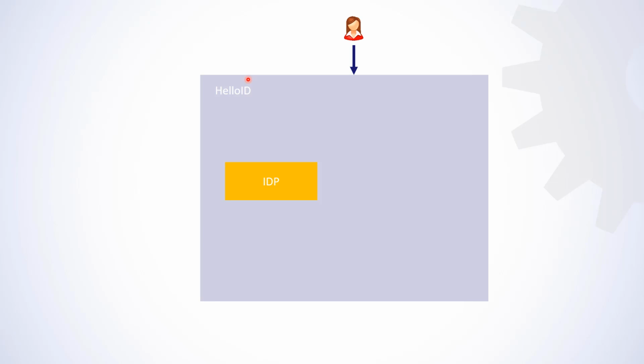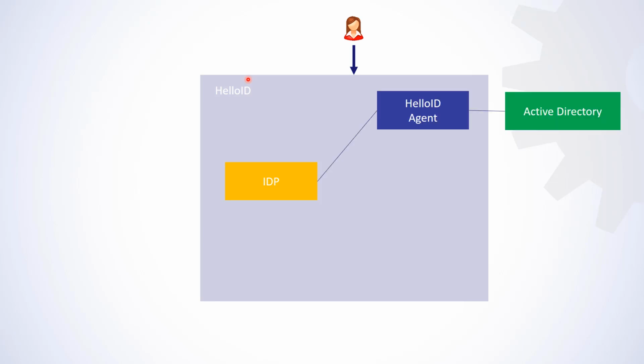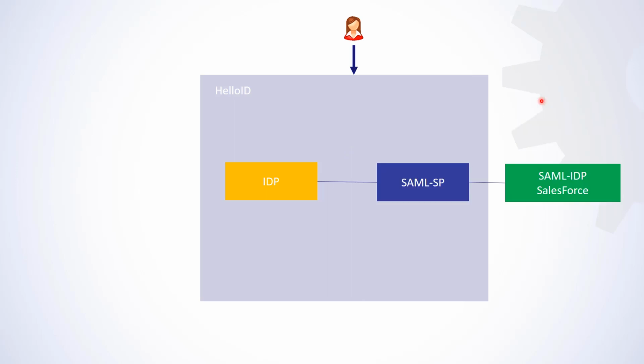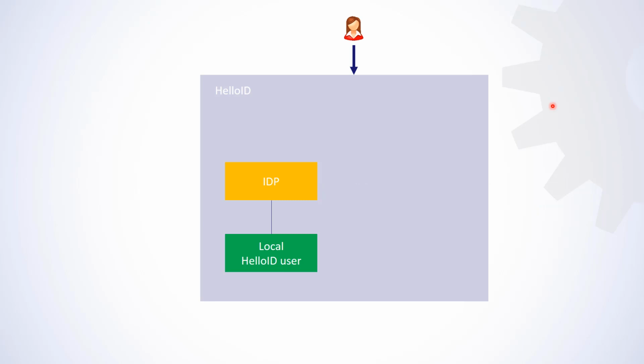And then you have multiple options. You can do that via or against the Active Directory. So then as an end user, I identify myself basically with the username and password in the Active Directory. But I can also do that against a SAML IDP, for example, Salesforce, or I can do that internally inside HelloID. So then I'm basically identifying myself against HelloID itself.